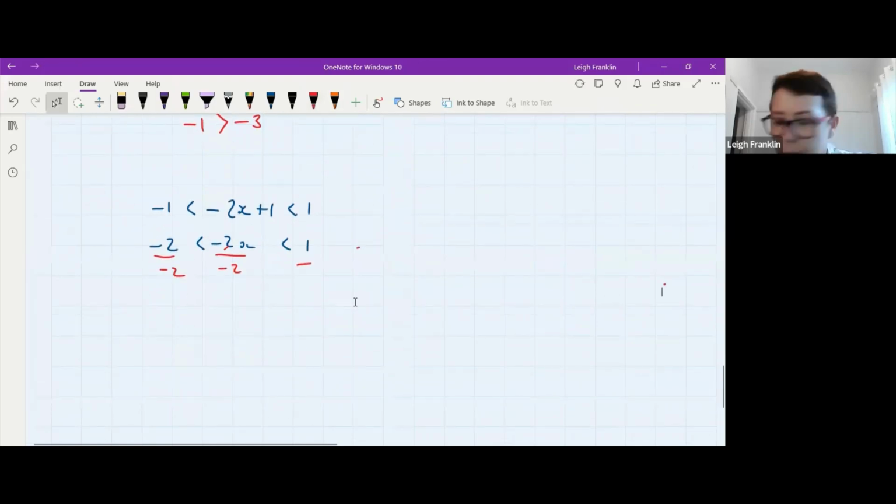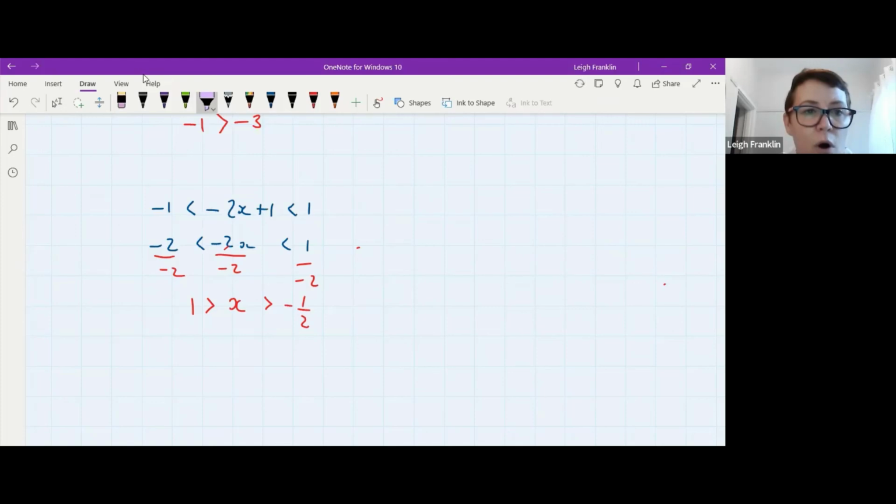So you've got the x over here, and now you're switching your signs around. -2 divided by -2 is 1. And now you say I'm dividing by a negative, so I'm going to switch my sign around. And 1 divided by -2 is -1 over 2.